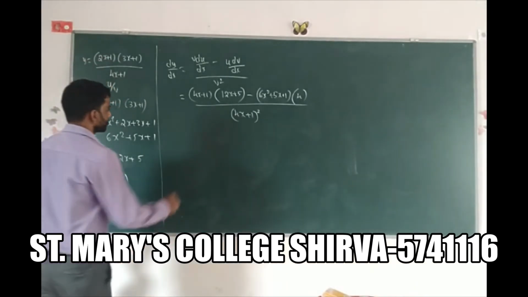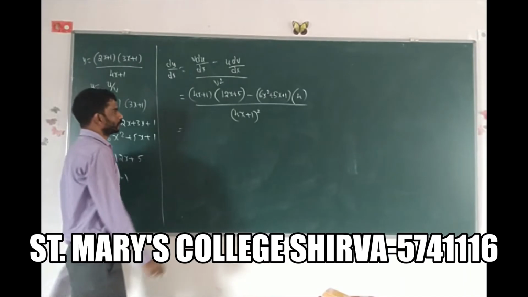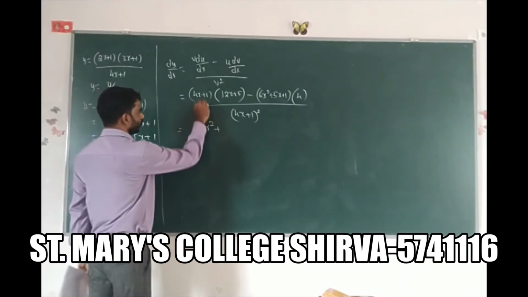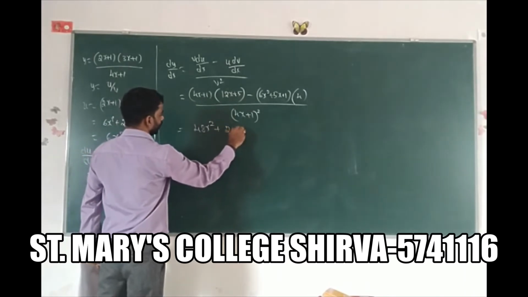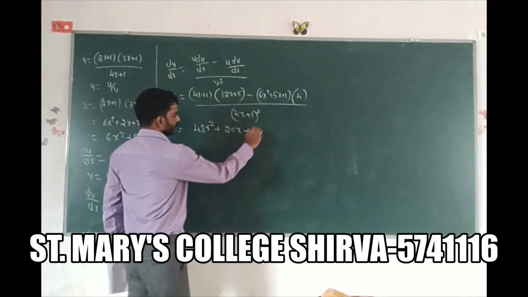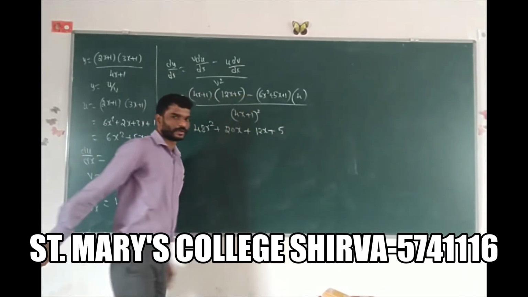Okay, now multiply. 4x into 12x, 48x square, plus 4x into 5, 20x, plus 1 into 12x, 12x, 1 into 5, it's 5.